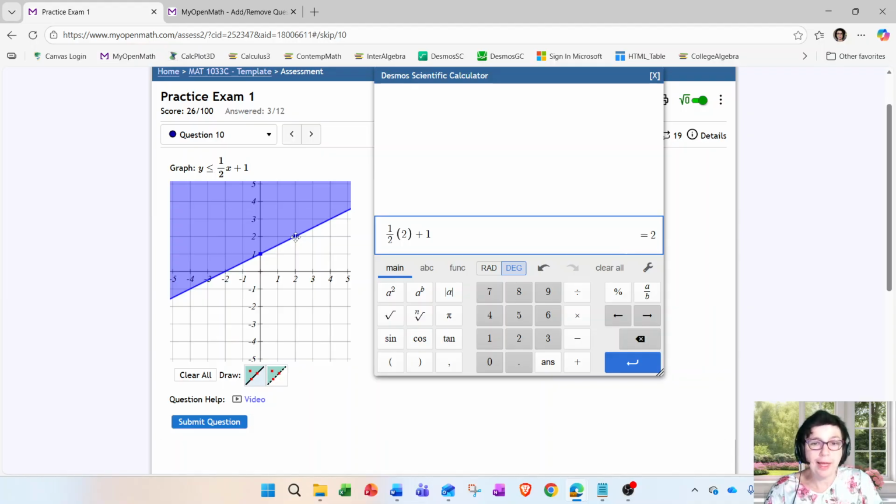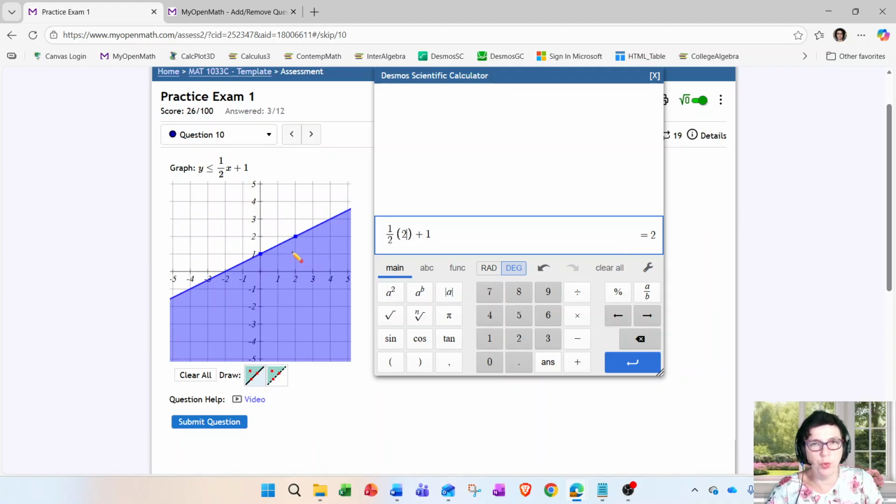Now, the next thing is to determine which side do I take? Is it going to be higher than the line, upward or downward? Which of the two regions? So how do I know that? I need to take an x and y and plug them into the inequality.